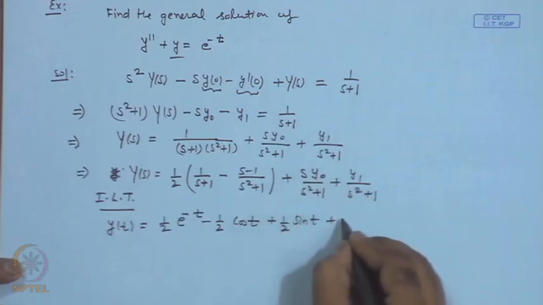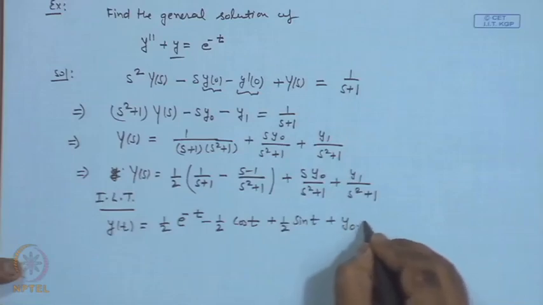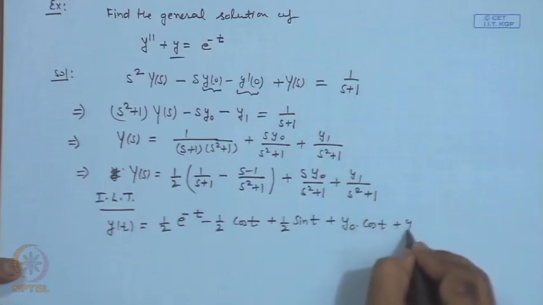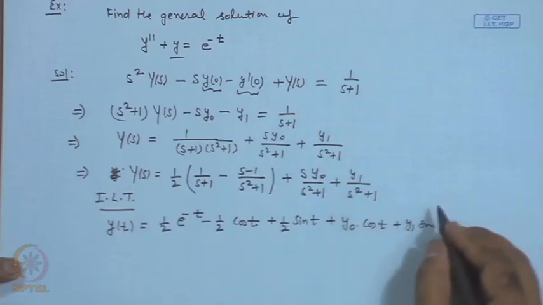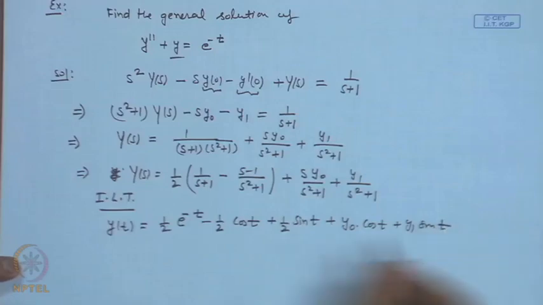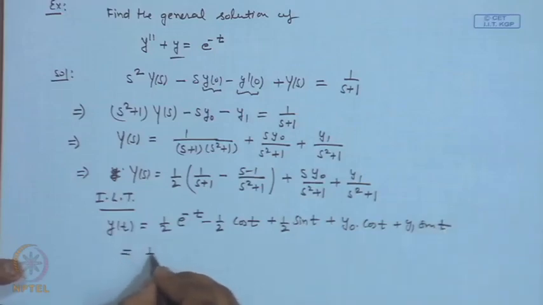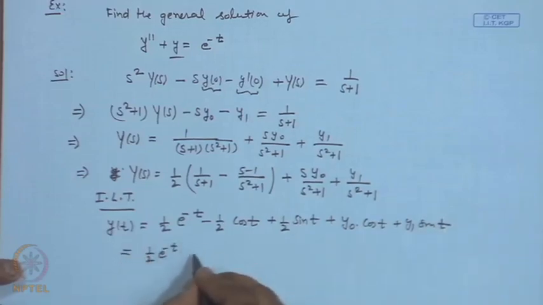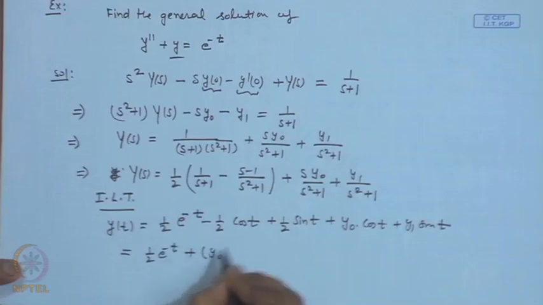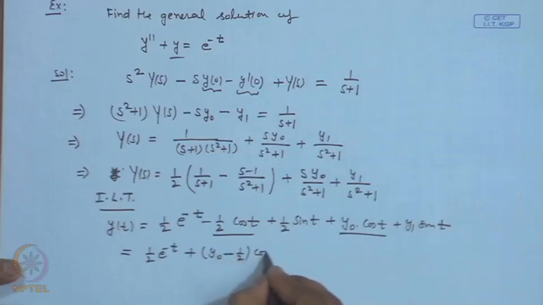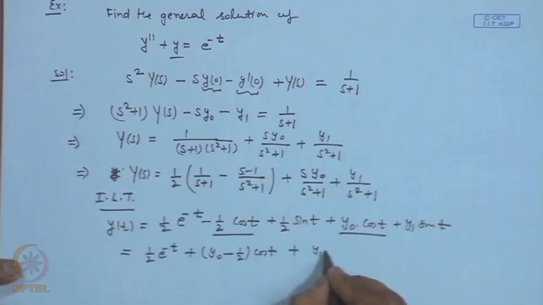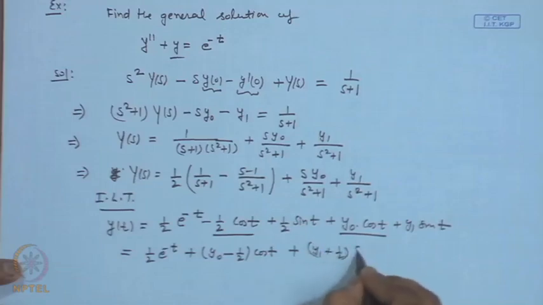Here again we have y 0 with this cos t, and we have y 1 and the Laplace inverse of 1 over s squared plus 1, that is sin t. So, we have half e power minus t, and plus here we can combine these two, (y 0 minus half) cos t and plus (y 1 plus half) sin t.